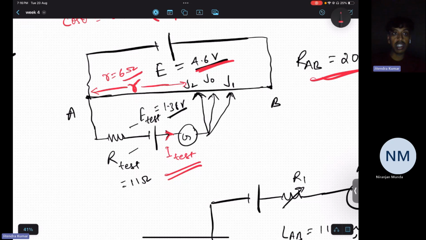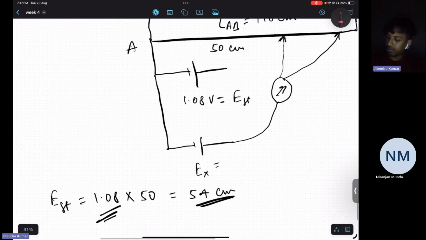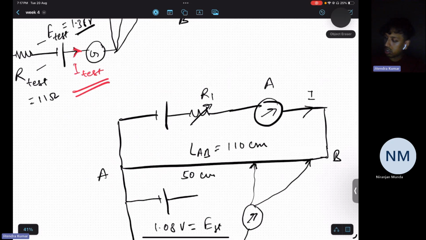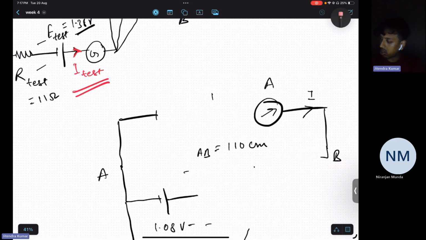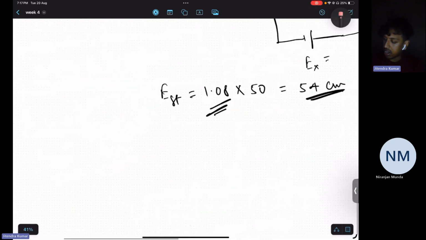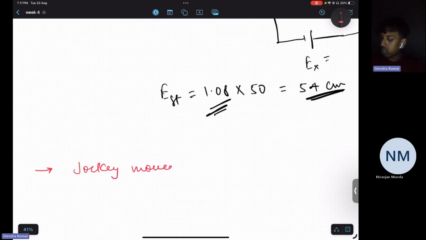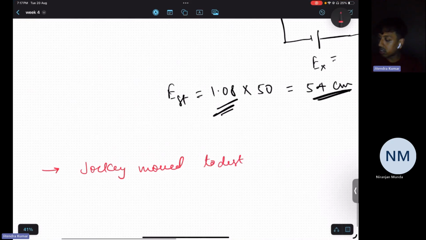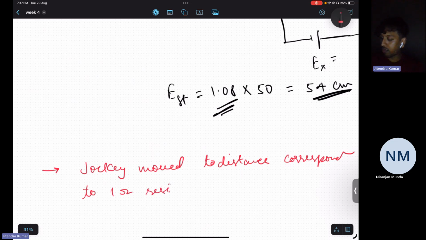Now what is being said in part 2 of this problem? In part 2, it is being said that if the jockey is moved, and the distance is being provided in terms of resistance, moved to a distance corresponding to 1 ohm resistance from the null position.